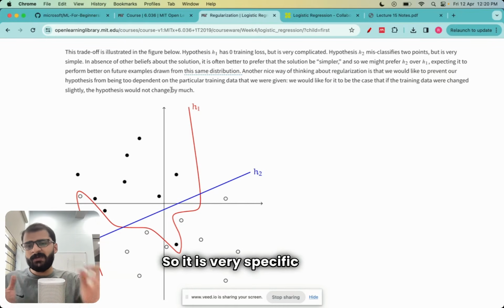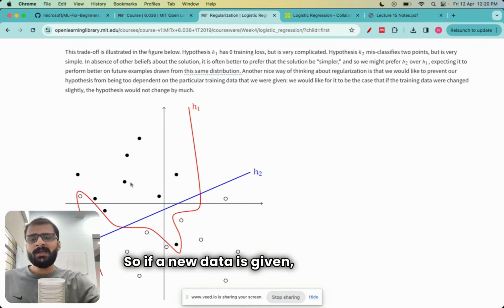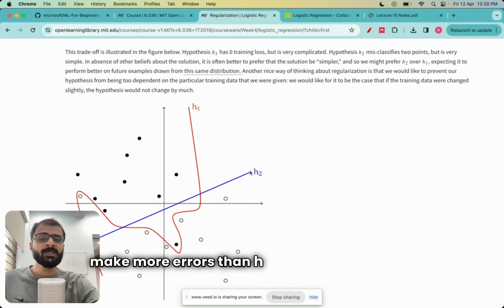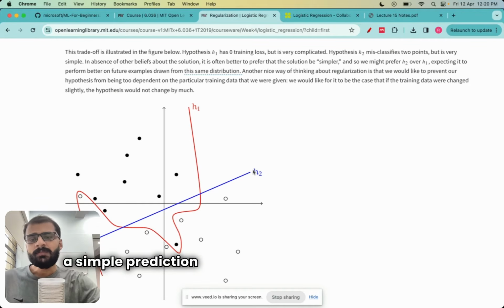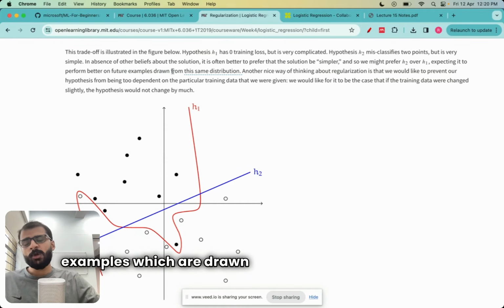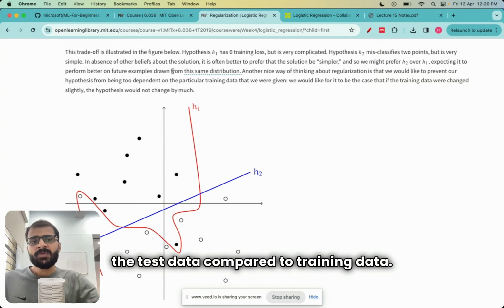So it is very specific to the data set which is there, right? So if new data is given, H1 might make more errors than H2. Whereas H2 is a simple prediction, and it will perform better on future examples which are drawn from the same distribution. So H2 might perform well on the test data compared to H1.